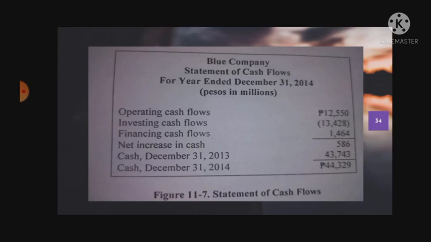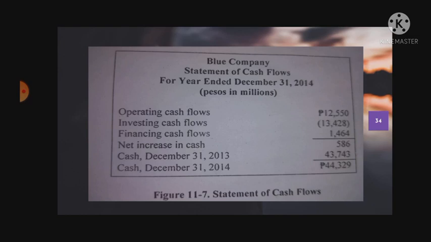Cash payments to acquire property, plant and equipment, intangibles, and other long-term assets. Cash receipts from sales of property, plant and equipment, intangibles, and other long-term assets. Cash payments to acquire equity or debt instruments of other entities.